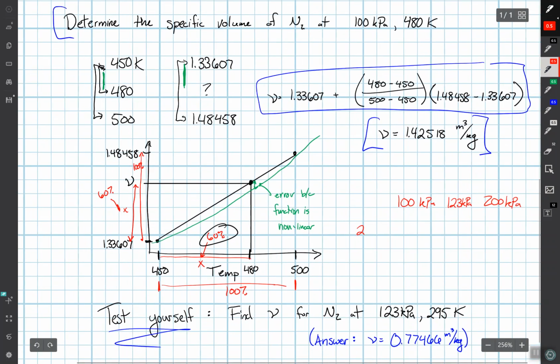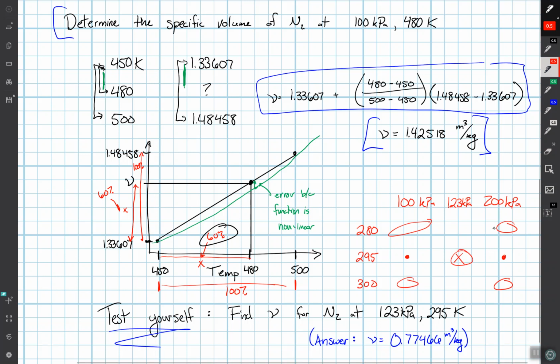So then you have 280, 295, 300, and I don't know what the numbers are, but this is known. So we know this one, this one, this one, and this one. We want this guy. So first you have to do an interpolation and find this one, then you can find this one, and then you can find the one in the center.